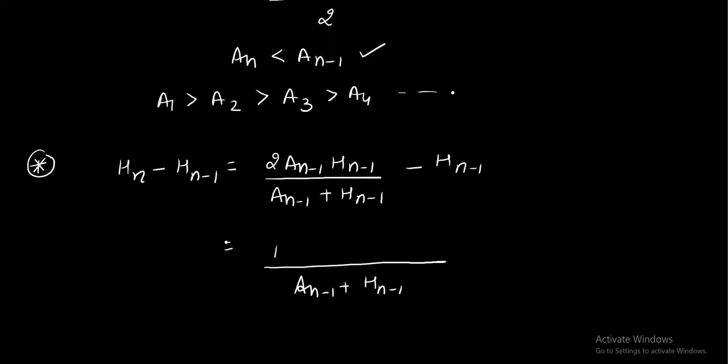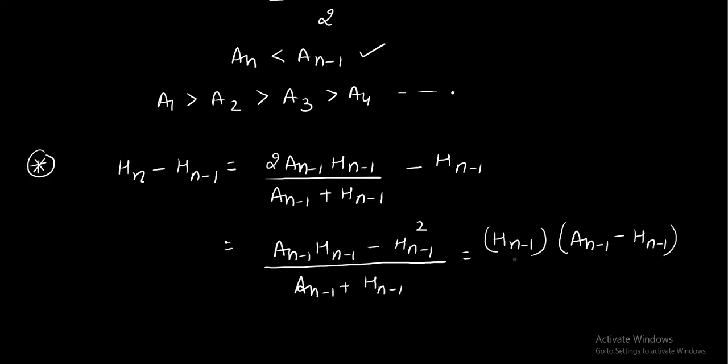Coming to the numerator, you can see that it's going to be an minus 1 hn minus 1, and after that, what else we are getting is hn minus 1 whole square. Let us take this hn minus 1 common. We will be left with an minus 1 minus hn minus 1. Coming to the denominator, an minus 1 plus hn minus 1.